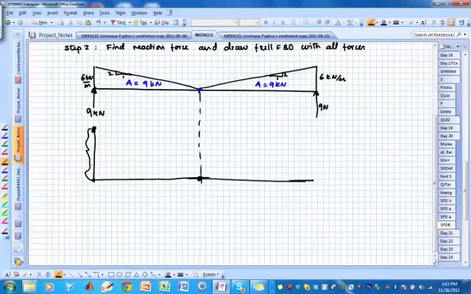And what kind of a shape is it? Do you think it's a straight line? What do you think it is? First, I want you to realize it's a parabola, because the slope of the shear force diagram must be the distributed load. So initial slope is 6 kilonewtons per meter, and it is downwards.